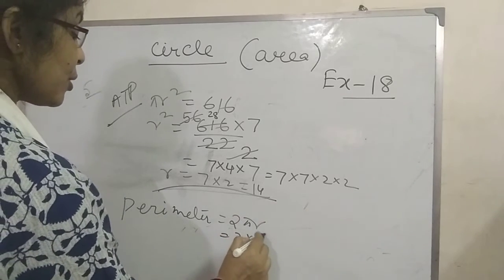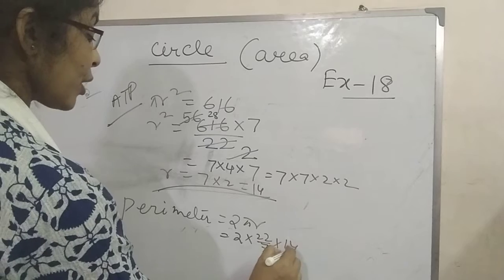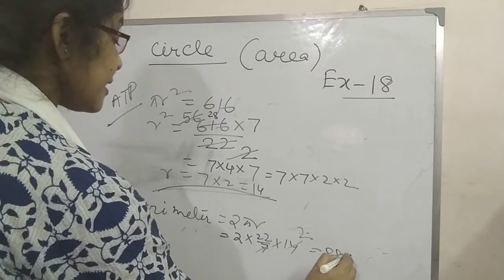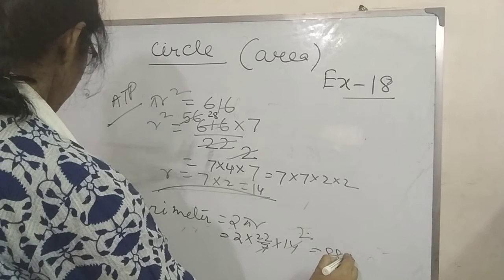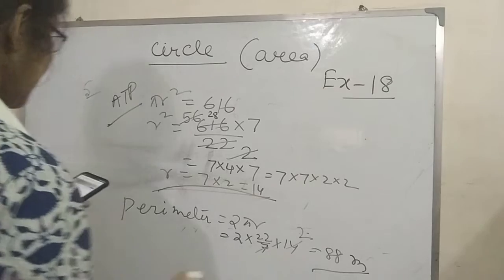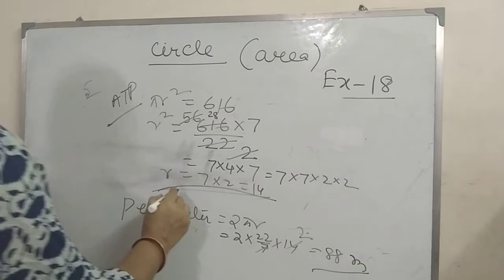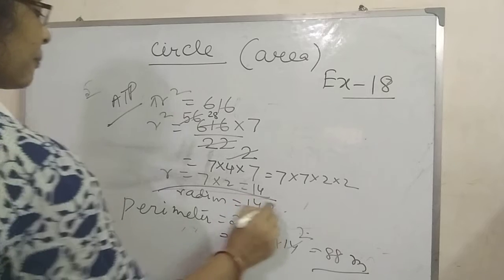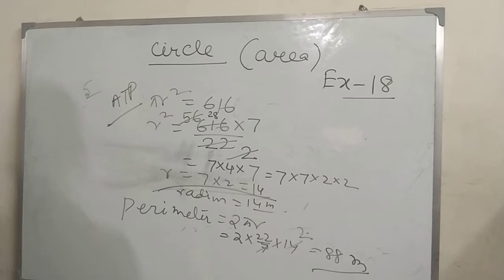This is equal to 2 into 22 by 7 into 14. This is equal to 88 meter. This is the required perimeter, and radius equals 14 meter. We have to find this.